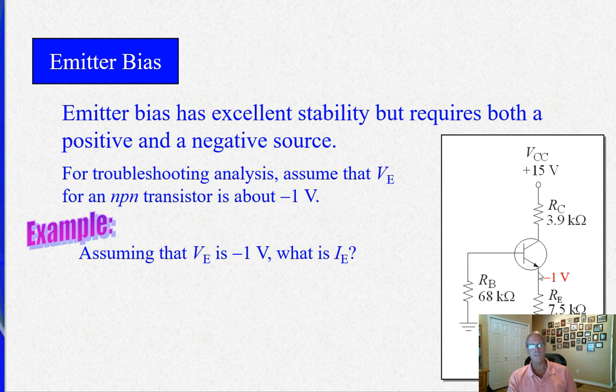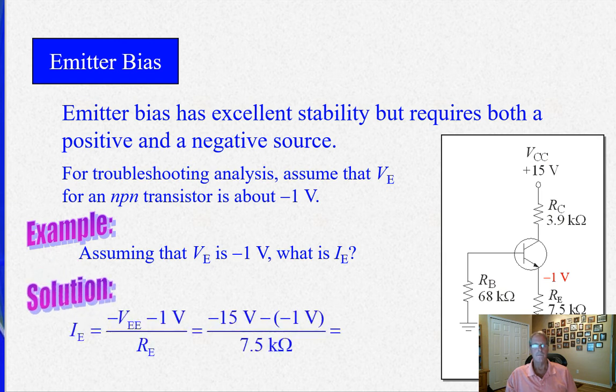So we have an NPN transistor here, and we're going to assume -1 volt here on the emitter. And if you assume that, what's the current? Well, it's, again, simply Ohm's law. It's going to be 14 volts across this emitter resistor of 7.5K, right?